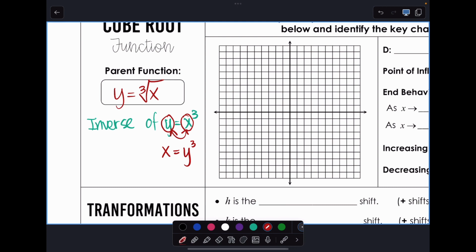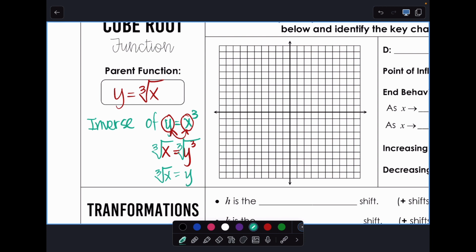Then if I solve for y, what should I do to undo this cube? Cube root it. If I cube root both sides, on the right side my y would be by itself, and on the left would be cube root of x. What does that look like? The parent function for the cube root function.